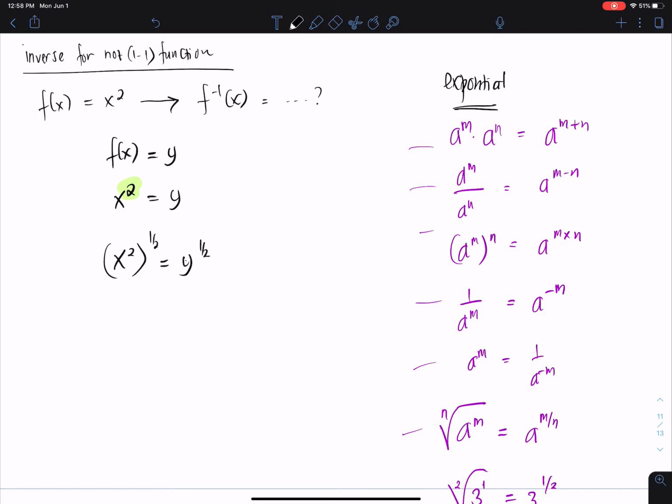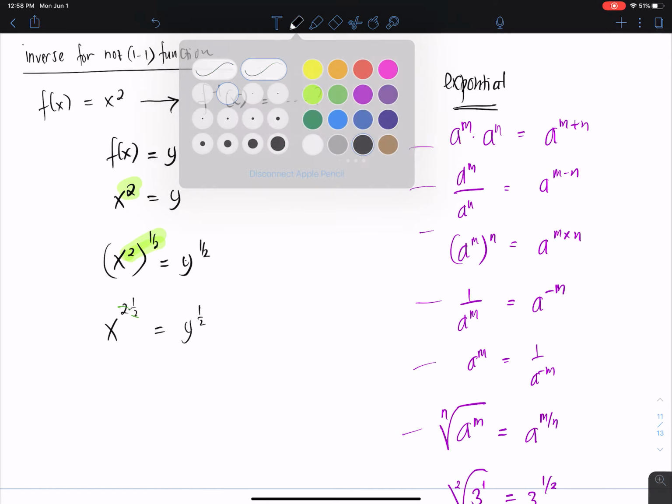So here, according to the exponential rule, that will leave us with x to the power of 2 times 1 over 2 on the left, and y to the power of 1 over 2 on the right. The 2 and 1 over 2 cancel, so we are left with power 1.